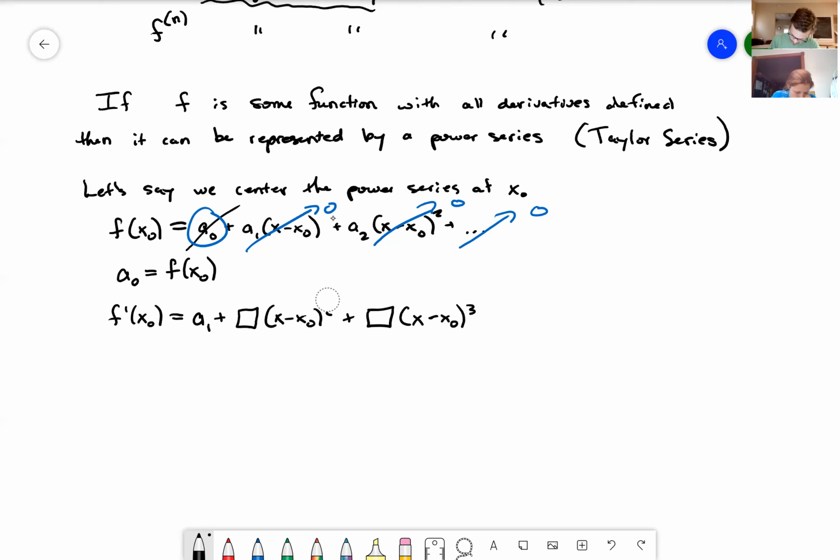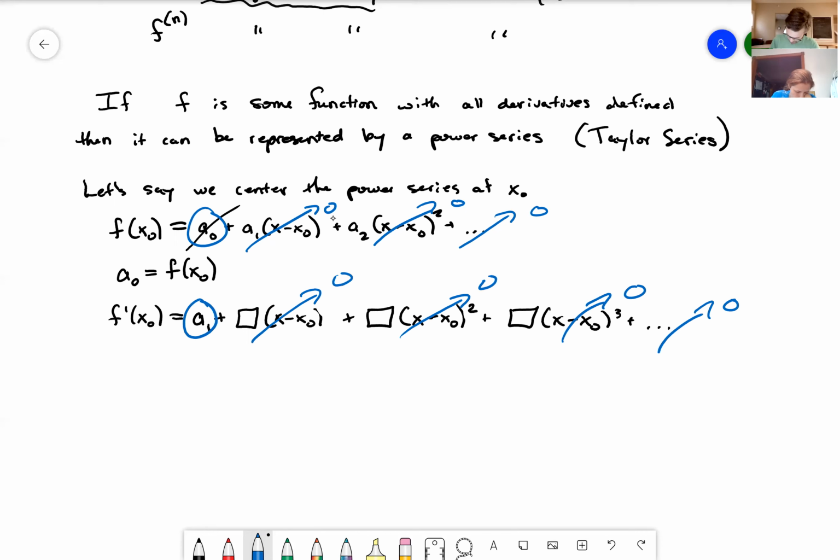And of course, again, all of these go to 0. And so what we're left with is just a1.